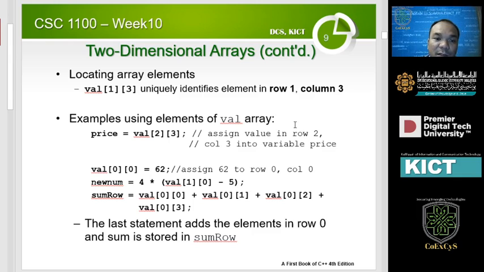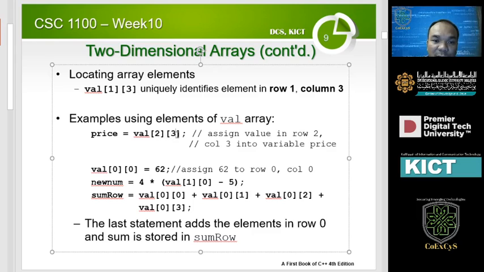So you have to imagine that you have some kind of a table, right? And when you have that table, you can imagine that we are looking at the value in row number 2 and column number 3, for example.